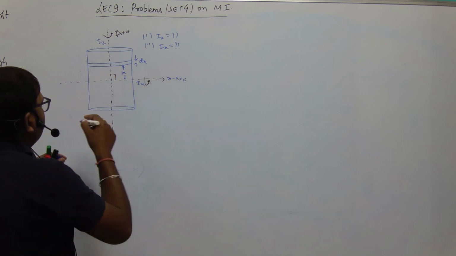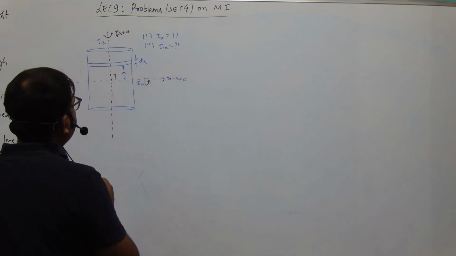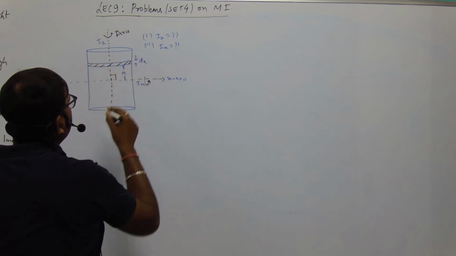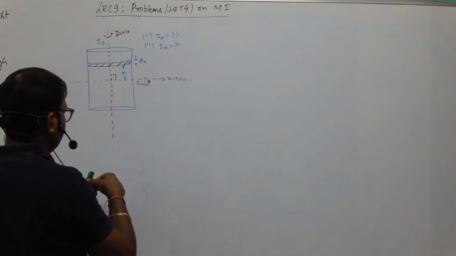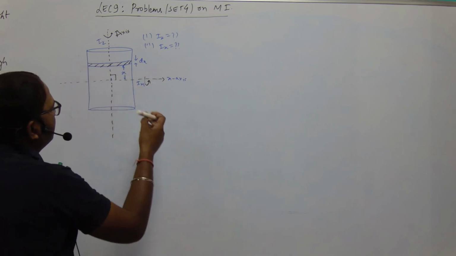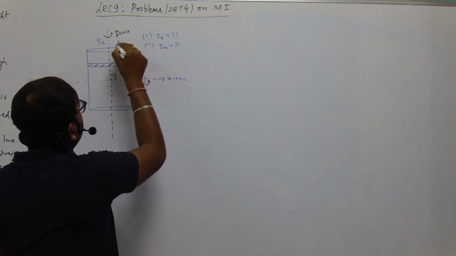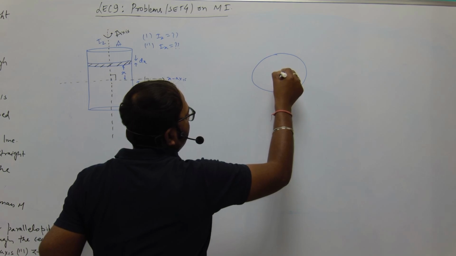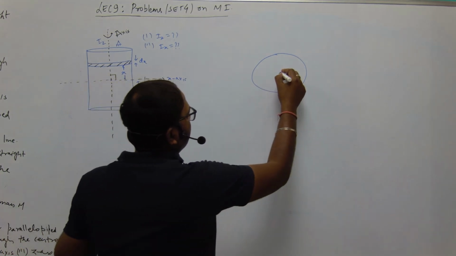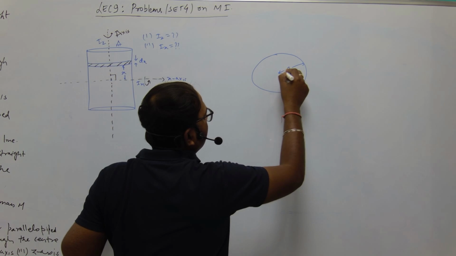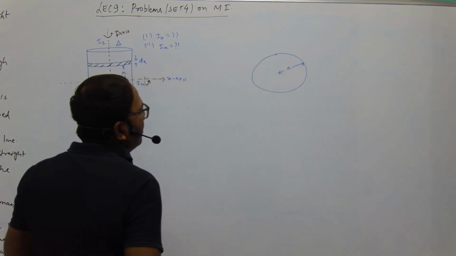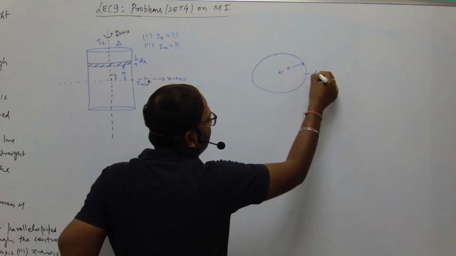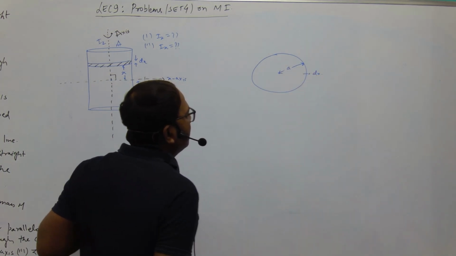So what is the elemental mass of this strip? This is our strip. Basically it is a disk. If we see from here, this is a disk of radius a, and the thickness is dx. So what will be the elemental volume?